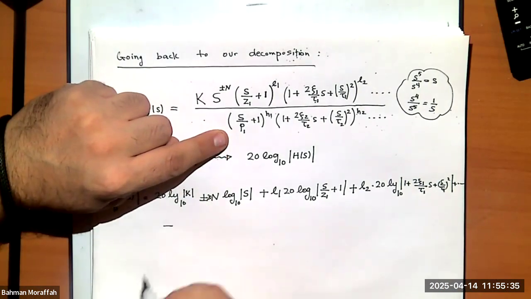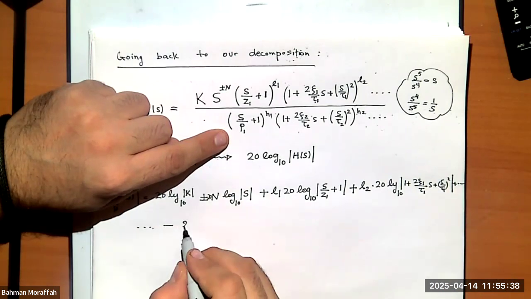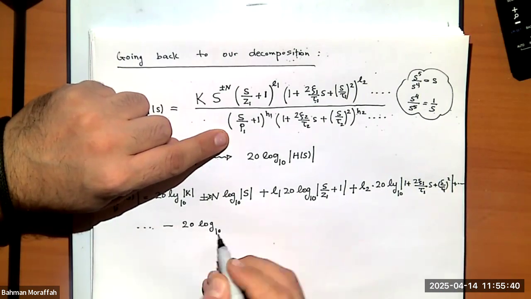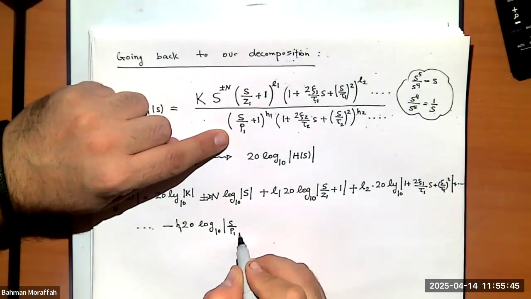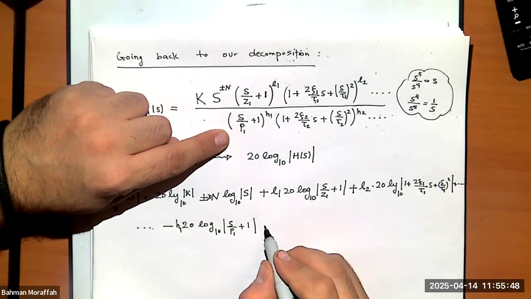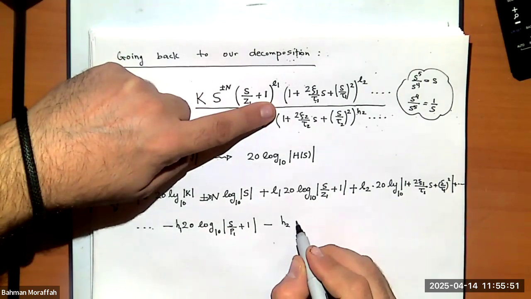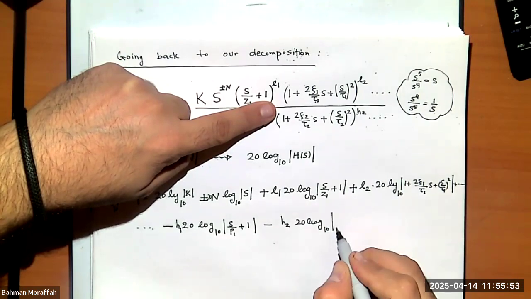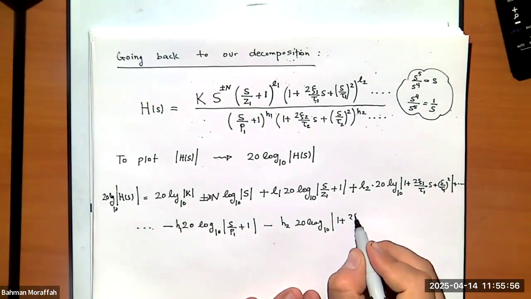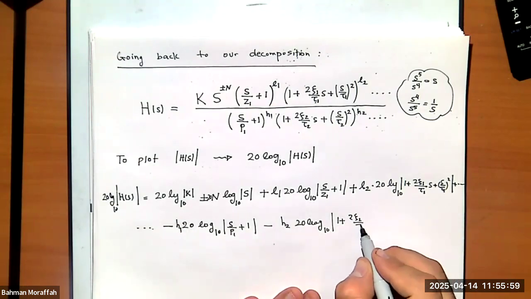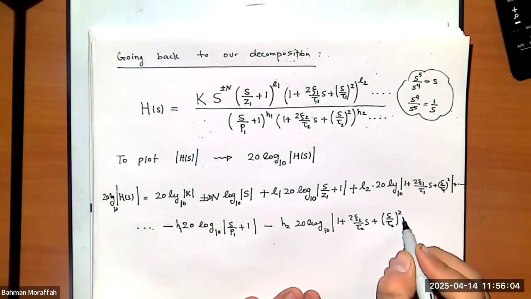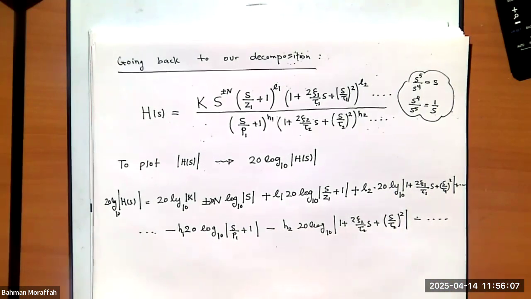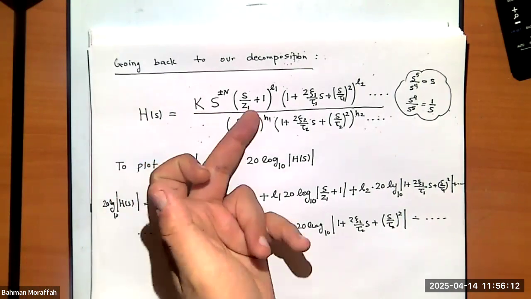Then 20 times log 10, this h1 comes out, so I have h1 of s over p1 plus 1, minus, again, h2 times 20 times log 10 of the magnitude of this, 1 plus 2 zeta 2 tau 2 s plus s over tau 2 squared, and other terms. The phase is the phase of this, the phase of this.